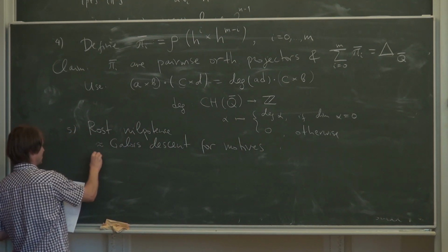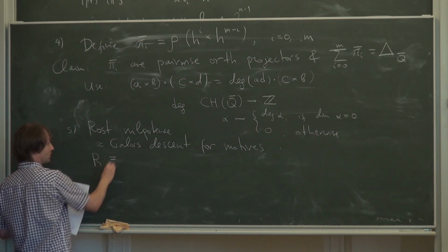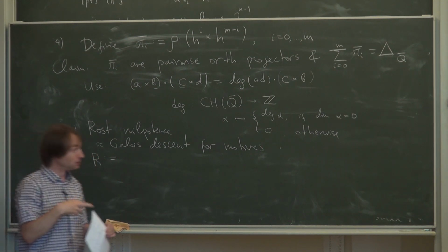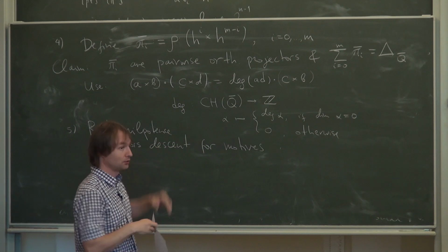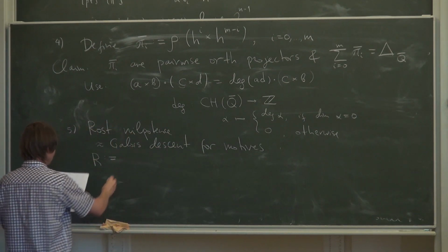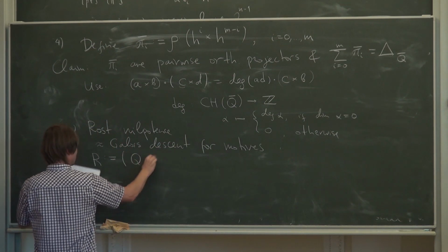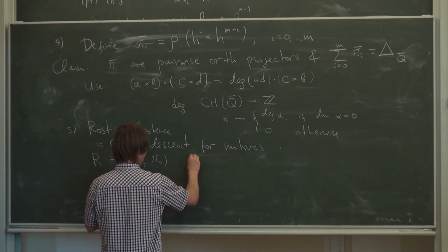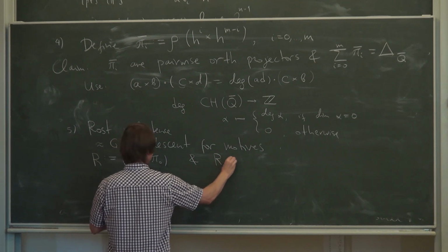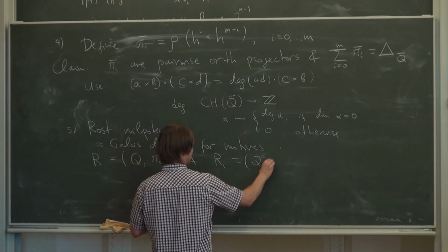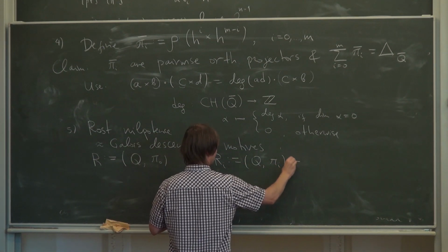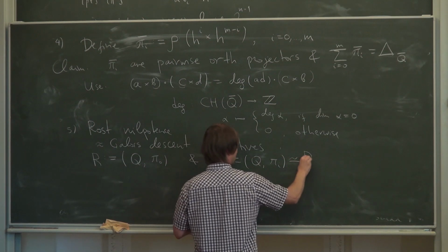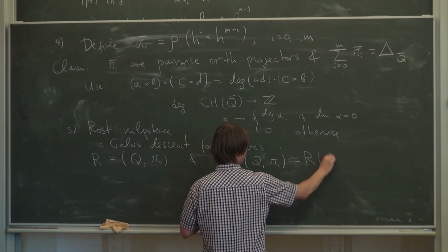So then it remains that there are indeed pre-images of pi bar which are projectors, and if we define R to be Q with pi 0, and then define Ri as Q with pi i, this will be isomorphic to R shifted by i.